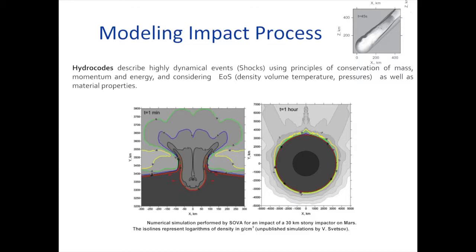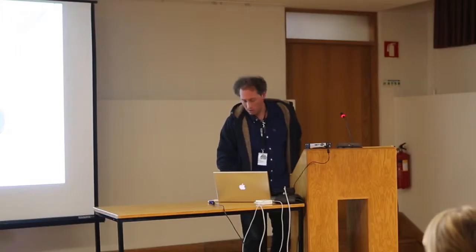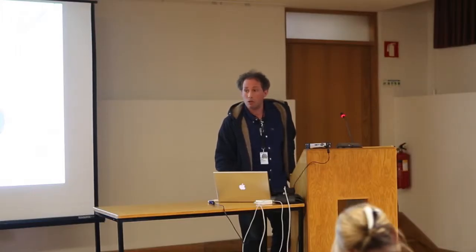Here I show simulations from SOVA, a 30 kilometer stony impactor on Mars. You see that the effects are global on Mars. This is 30 kilometers. You can imagine an impactor with 100 kilometers or 200 kilometers.